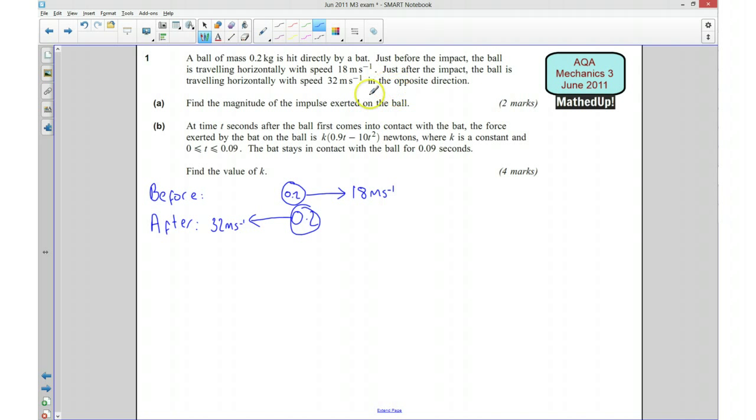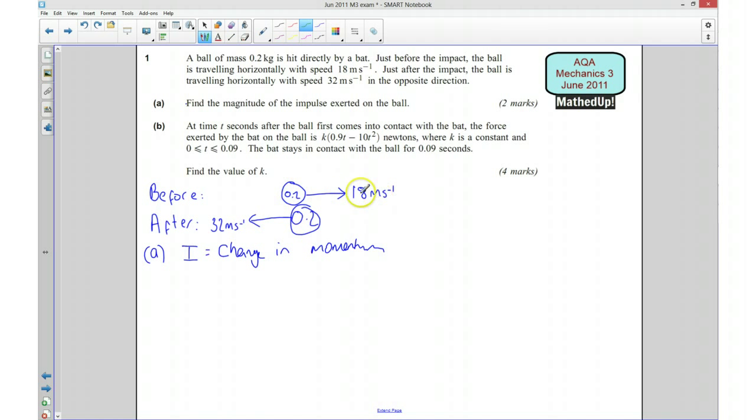Okay, so for part A, we need to find the magnitude of the impulse exerted on the ball. Now remember, the impulse is the change in momentum. So my impulse is going to be equal to the change in momentum. But let's just write down what our momentum is.